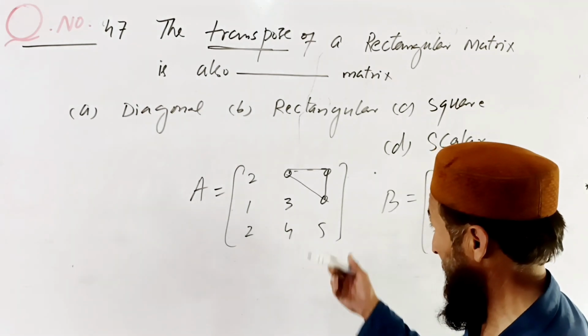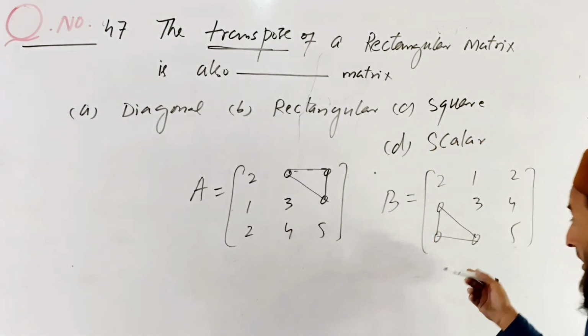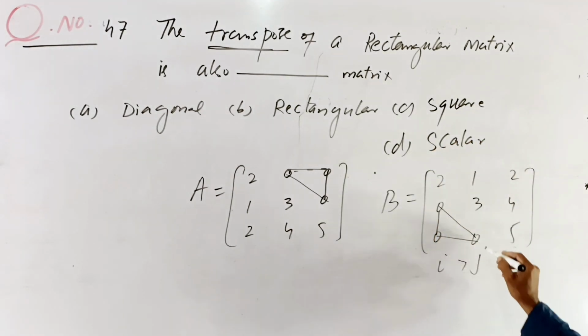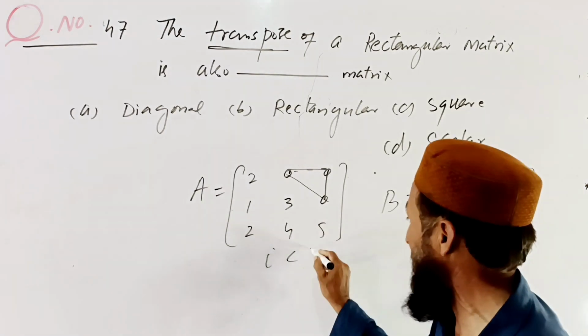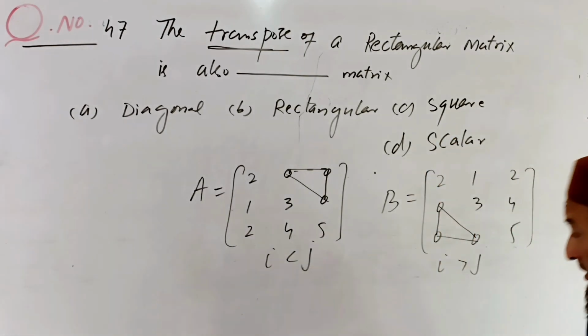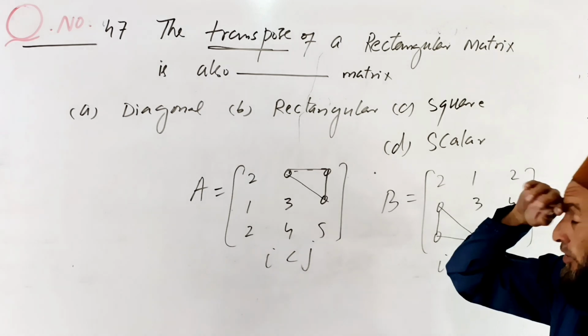Here i is greater than j for one, and i is less than j for the other. So there are two types of rectangular matrix.